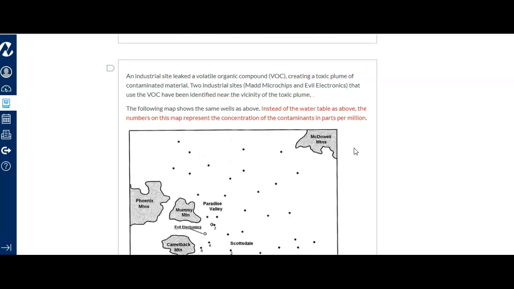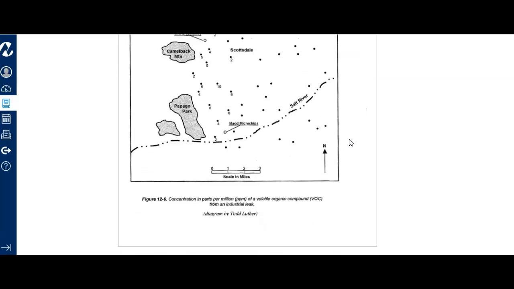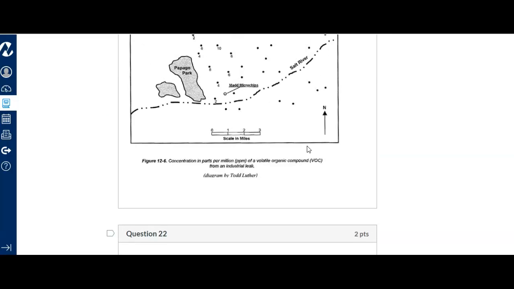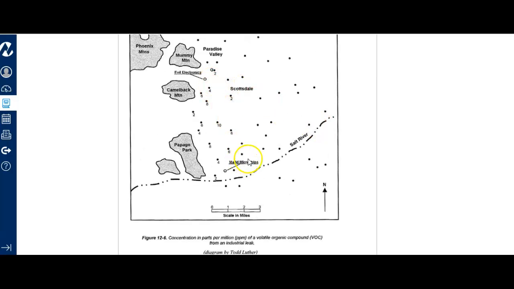What we want you to do is use your knowledge of how the water is moving in the subsurface. Okay? And so what you're going to do is go to the 2003 map that's at the top of the lab and determine which way the water is flowing. That should tell you who is polluting based on the motion of the water in the ground.